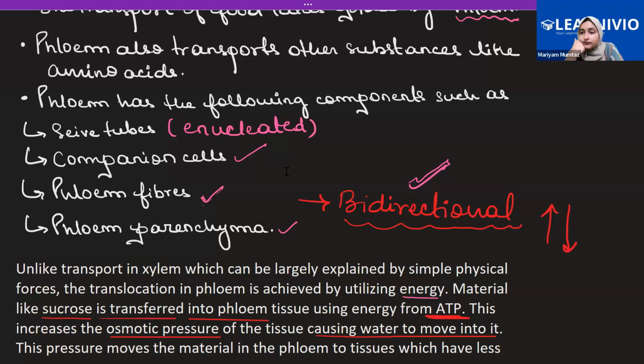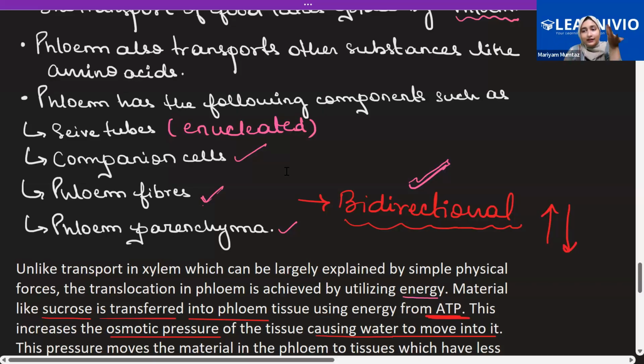Nucleus. They are elongated. They do not have a nucleus. Enucleate means something that is without a nucleus. You know that in a cell, a nucleus is there, but that nucleus is not found in sieve tubes. Clear? Yes, ma'am. Sure. Yes.